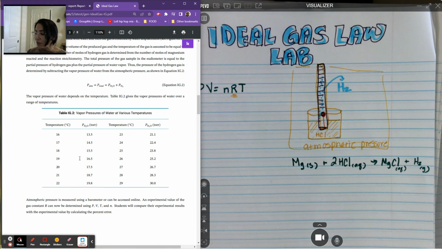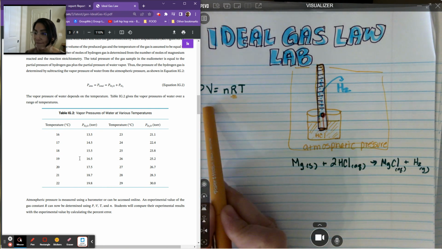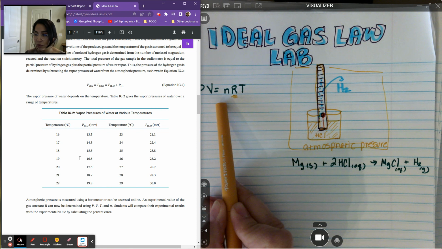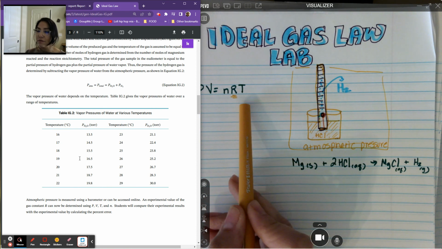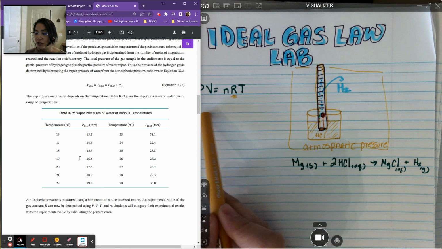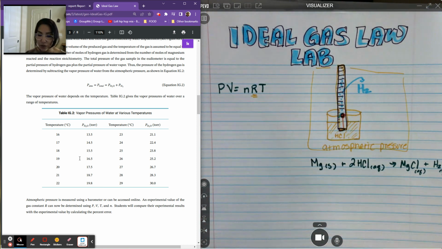So what are a couple of things that we're going to have to obtain in here? When we do this lab, you're going to have to obtain pressures, volumes, number of moles, and the temperature of items. And we need to figure all of this out. Now, pressure is probably going to be the one that we're going to have to think about a little bit more because this is also going to involve atmospheric pressure.